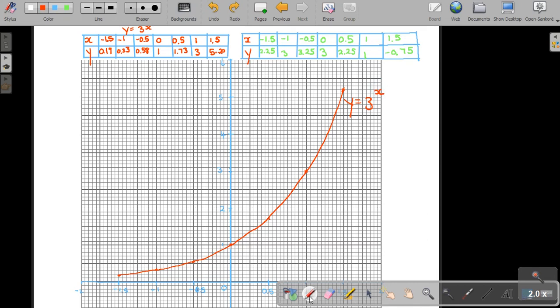And then the green one, let's start with the green one. And what was the green one? We can just write down quickly the equation of the green one. It was y equals 3 minus x squared. So it's negative 1.5 and 2.25. 2.125, it's there, notice.